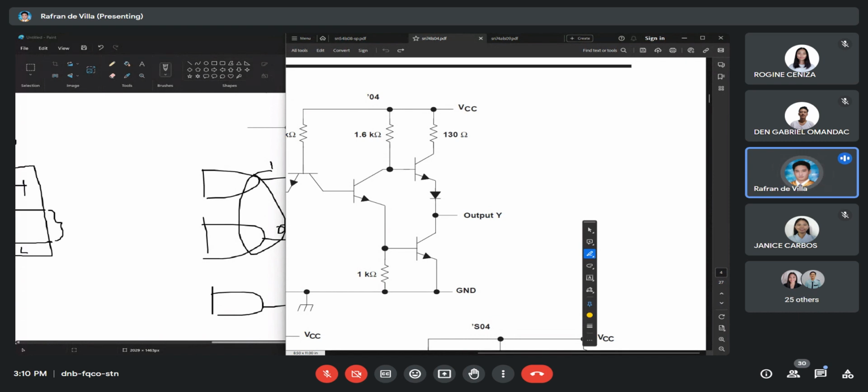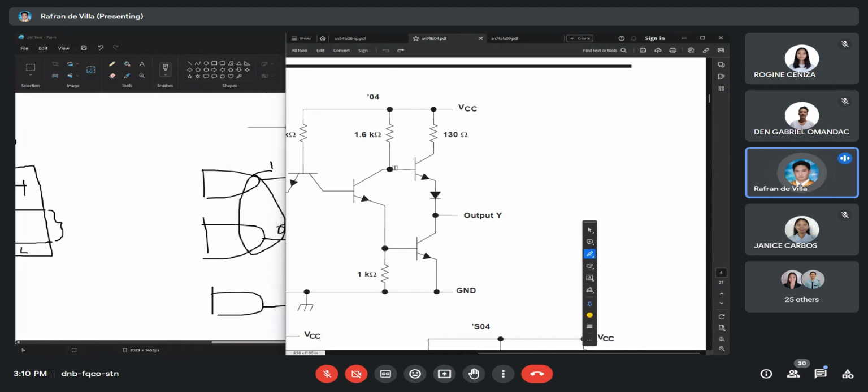Dili tanan madara o mupalit kag humandaan nga module. Sometimes you need to also design a circuit. So take note of that.